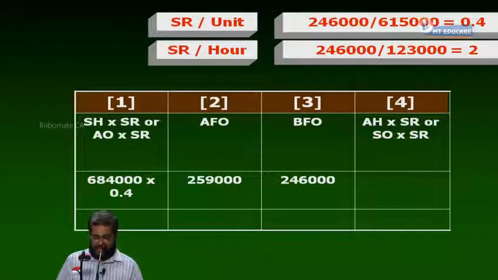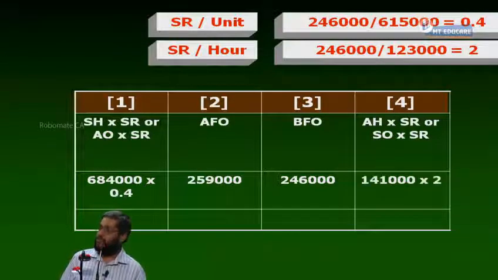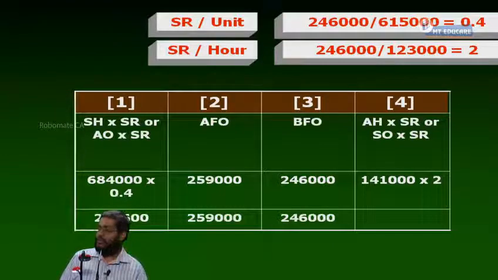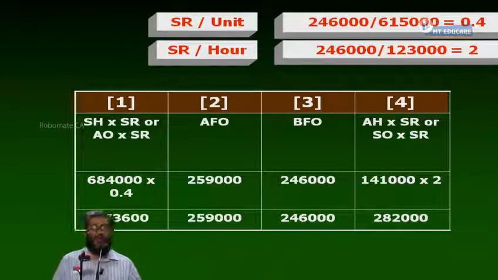AH, what are the actual hours that have been worked? 1,41,000 into 2. 6,84,000 into 0.4 is 2,73,600. Second column 2,59,000. Third 2,46,000. Then 2,82,000.